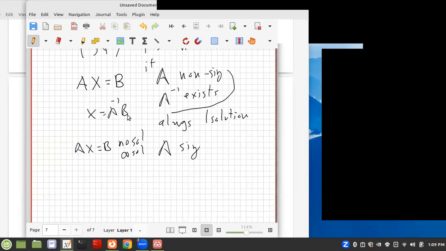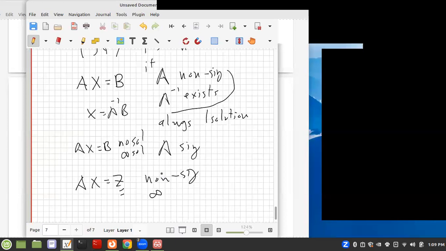Now, if it's a homogeneous system, AX equals zero, there's no contradiction possible. If this is singular, yeah, I got it backwards.